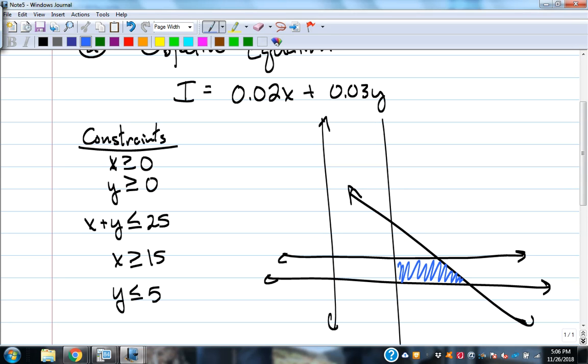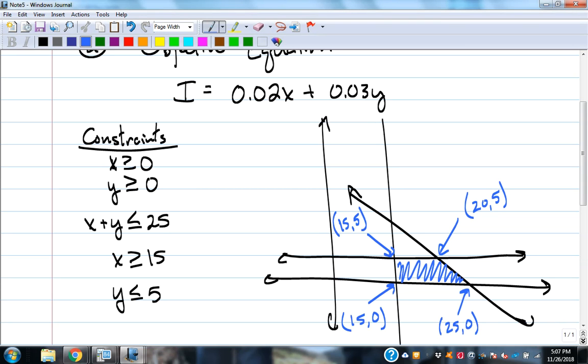Okay, what you're looking for are the corners of that trapezoid shape or that polygon shape. Whatever the polygon where the shading all overlaps, you're looking for the corners. Okay, you need the ordered pairs for all of the corners. Those ordered pairs are what you're going to check in the objective equation.